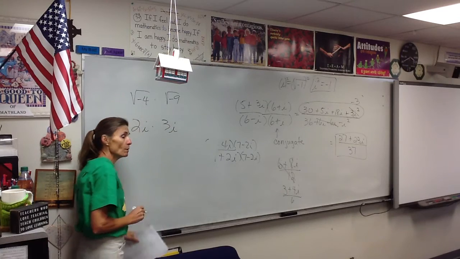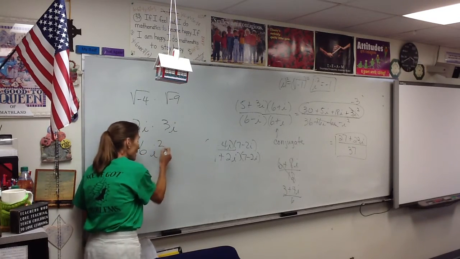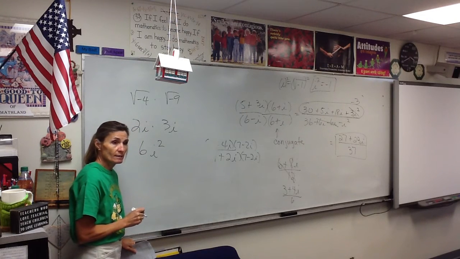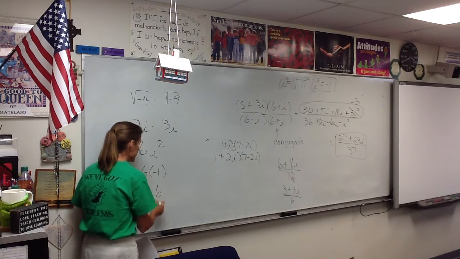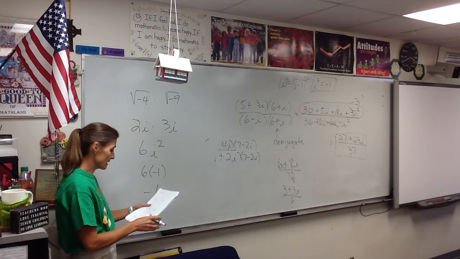So what do I get when I times those together? 6i squared. i squared is -1, so our answer would be, as Moses said, -6.